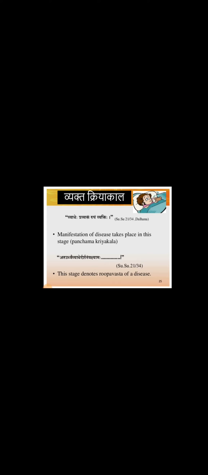This is the fifth Kriya Kala, which is also called the Vyaktavastha or the Rupavastha. Here the fully blown disease, you can see manifestation of the disease takes place in its complete form. Okay. So Panchama Kriya Kala, Ata Urdhvam Vyadhi Darshanam. So here Vyadhi Darshana, complete or fully blown Rupa, or the symptoms of disease, you can see here.